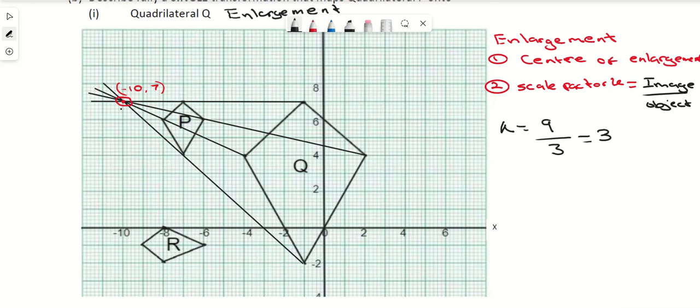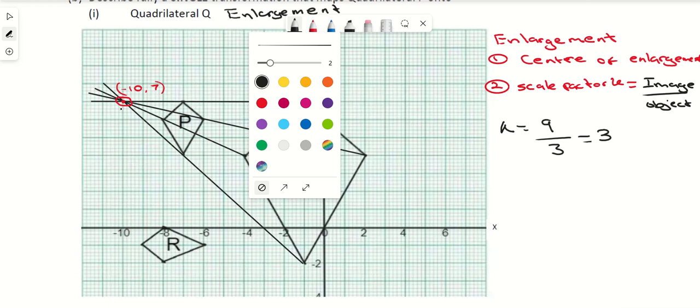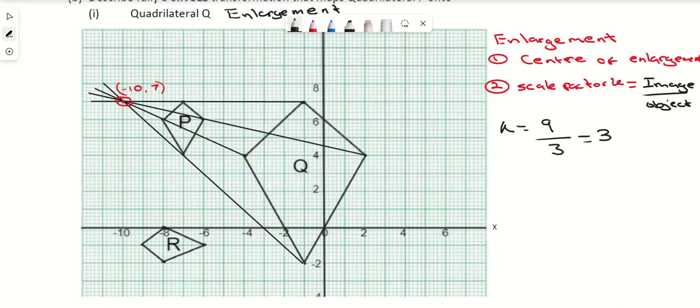So how I would describe this is, let me just put this in Word. You can write out the whole word quadrilateral, I'm just putting QUAD.